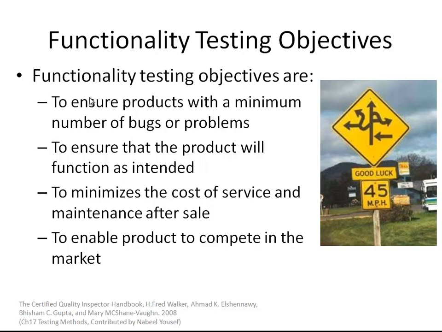Of course, we need to minimize the cost of service and maintenance after sale, and the product should not break right after sale. And we would like to enable the product to compete in the market, making sure that it has all the functions and features specified or needed by the customer.